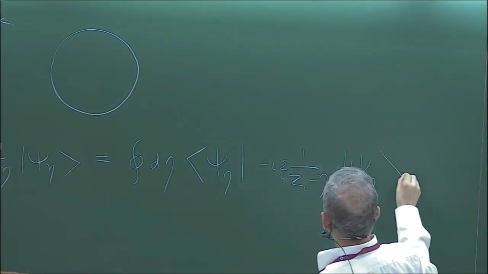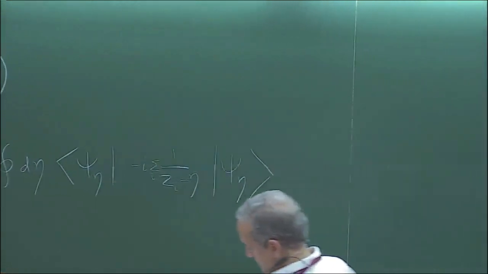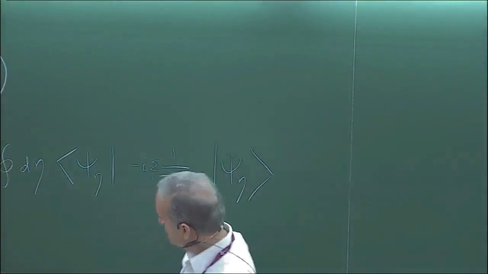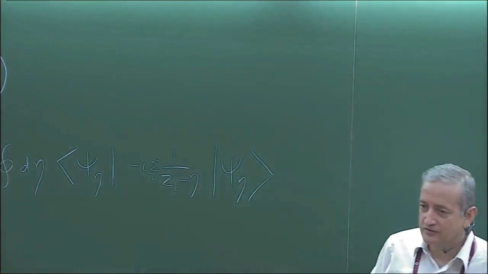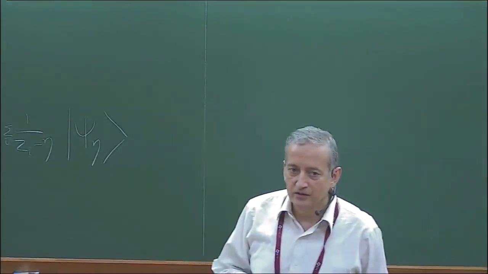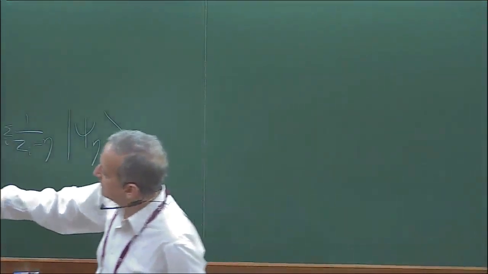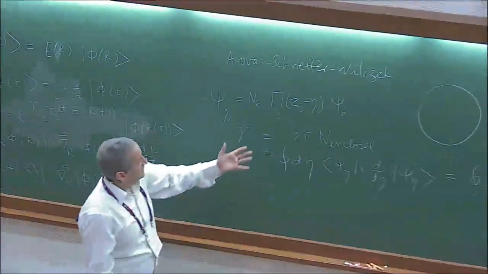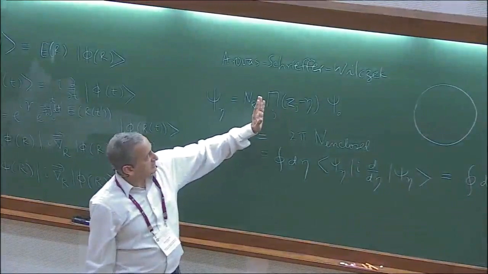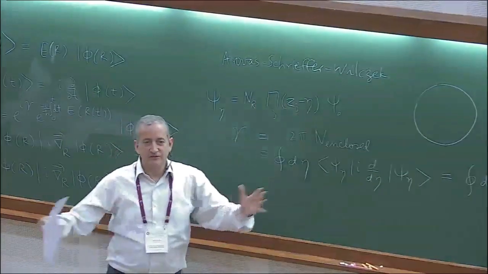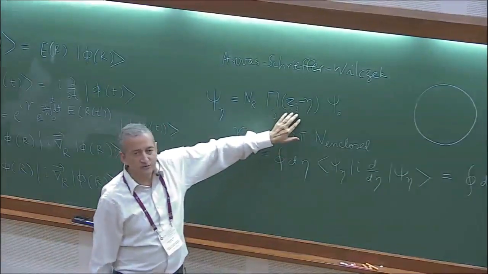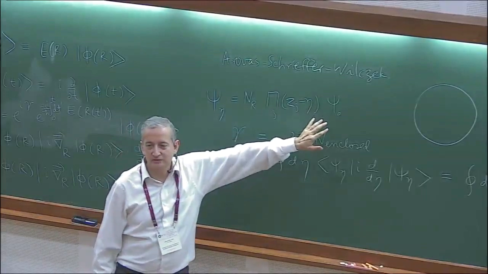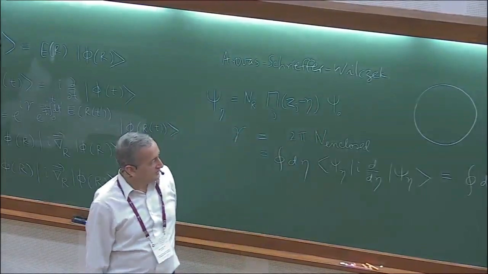Can you all see this? When I take the derivative with respect to eta, I have a product of terms here. The derivative acts on the first term or the second term, and I get a sum of terms. It acts on the first term or the second term or the third term. That gives me a minus sign. So what I have done is factor out this full factor, and the sum reduces to this.